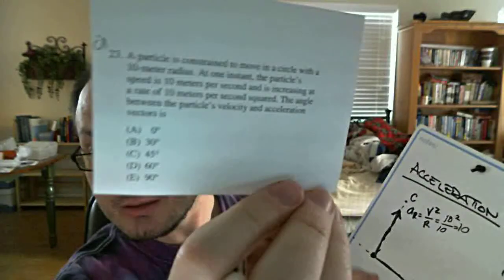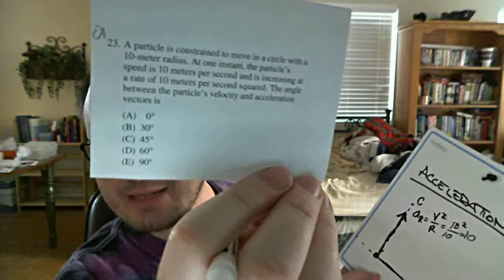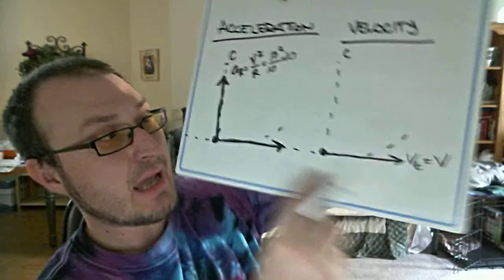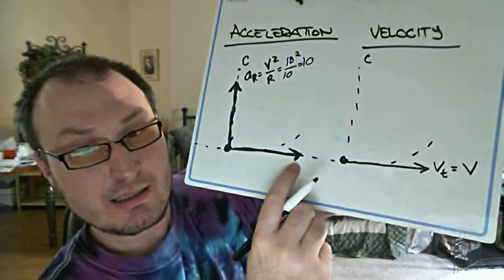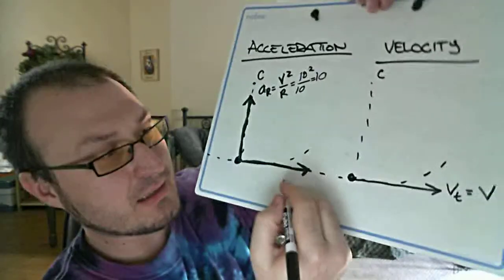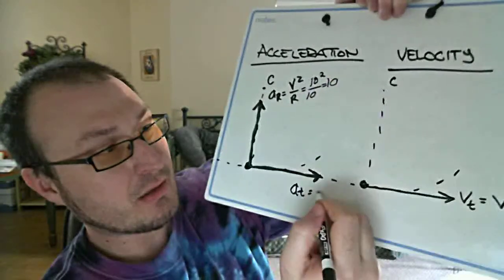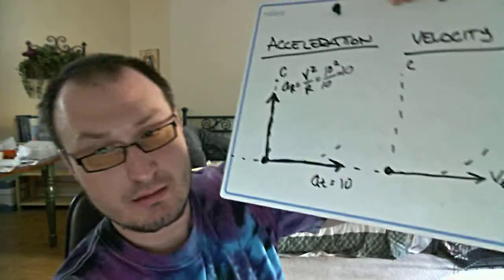All they say is the particle's speed is 10 meters per second and it is increasing at a rate of 10 meters per second. You have to do the work and realize that if the velocity here is 10 and it's increasing at 10 meters per second, then the tangential acceleration also equals 10.